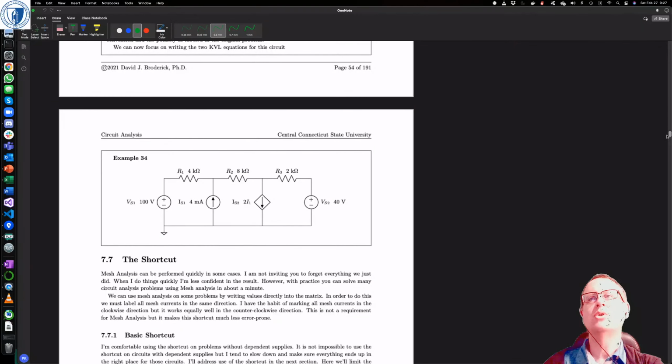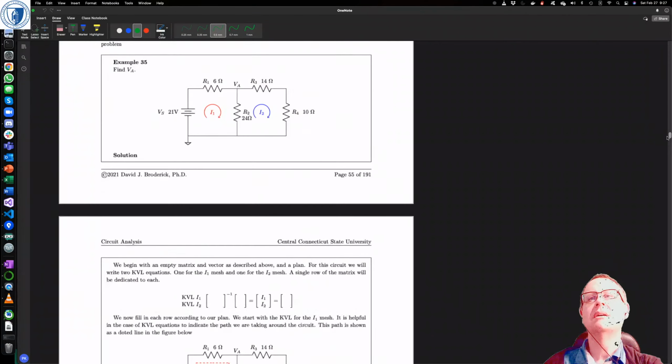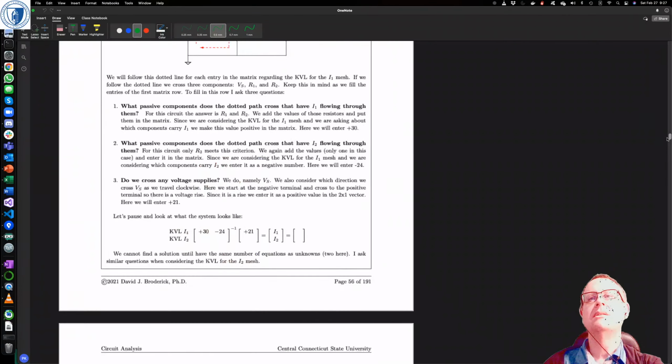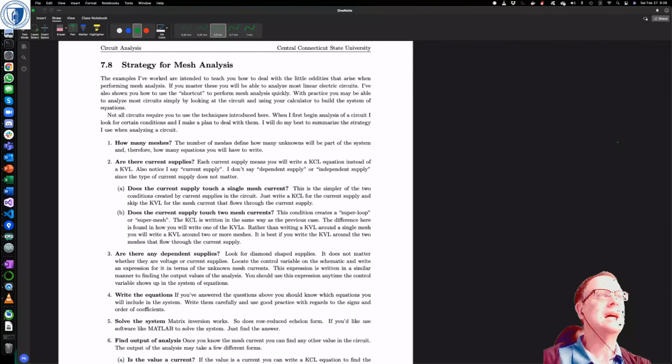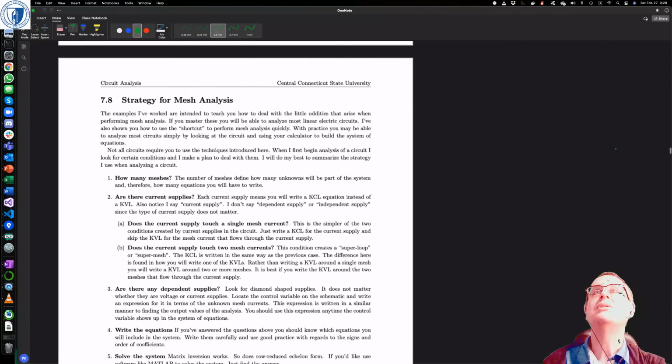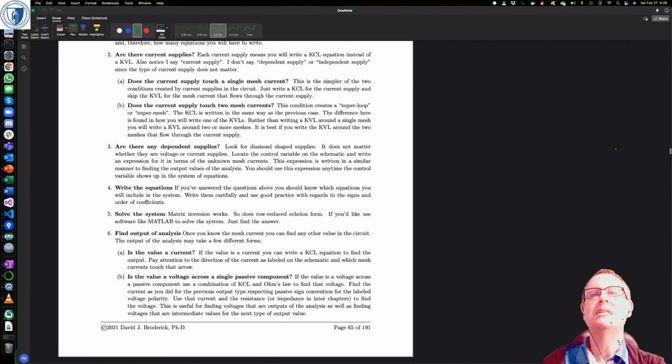And then we haven't talked about dependent sources, and he talks about a shortcut. But what I really want to get to is at the end of the chapter, I believe, there is a strategy for mesh analysis. This is on page 65, right?